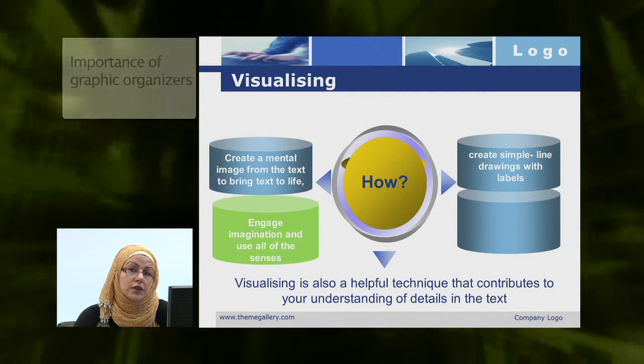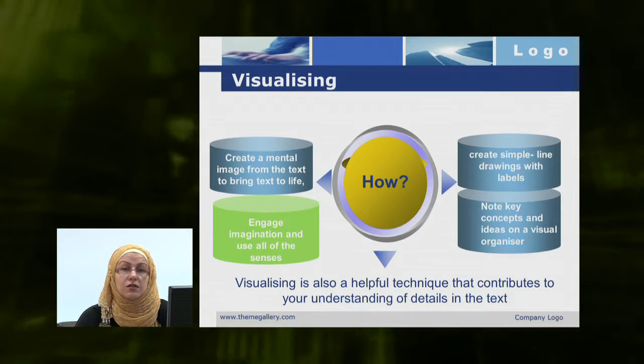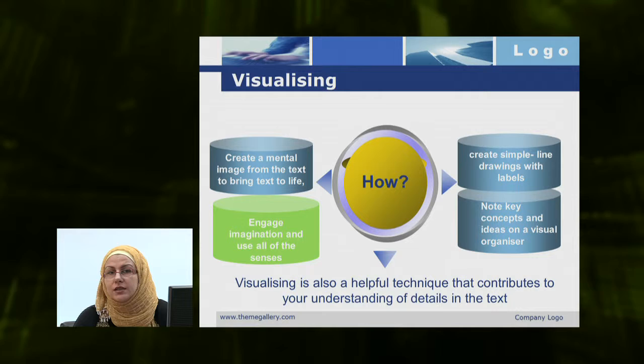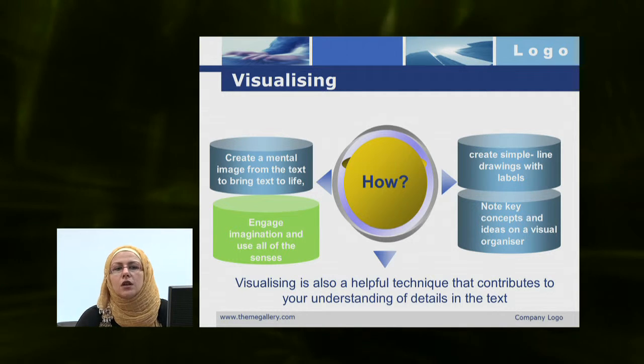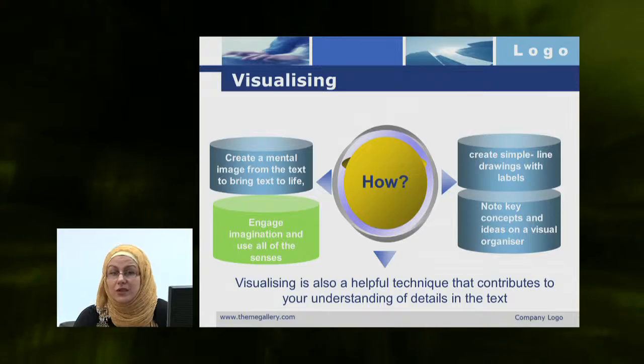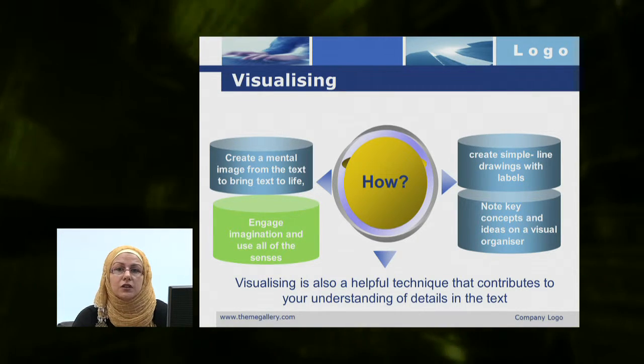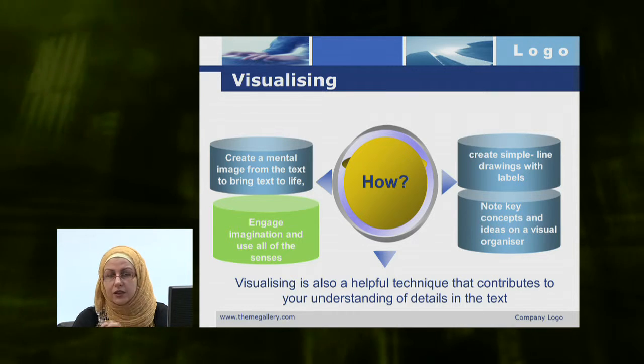Create simple line drawings with labels and note key concepts and ideas on a visual organizer. Organizers may vary according to the organization pattern of the text. If it is a compare and contrast text, for example, you can use a Venn diagram that shows similarities in the middle, in the intersection, and differences on both sides. If it is a process, you can make a different organizer that focuses on different steps leading to each other.